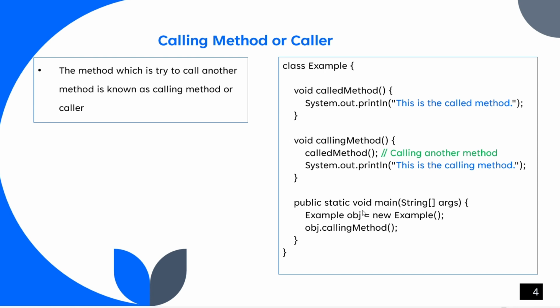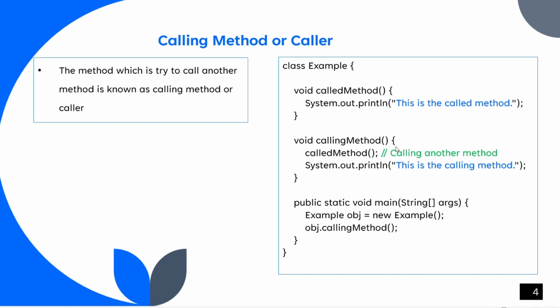Here we have a main method. Inside the main method, we create the object to call our method: object.callingMethod. What will happen? First, the caller goes to void callingMethod and enters the block.